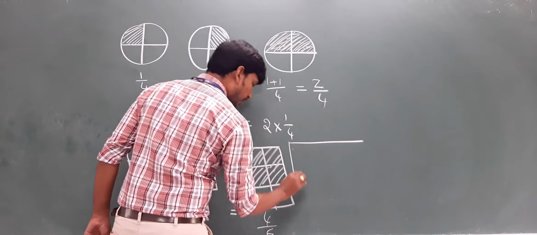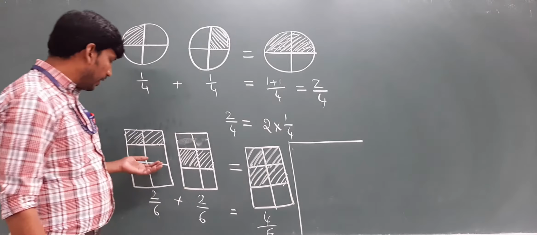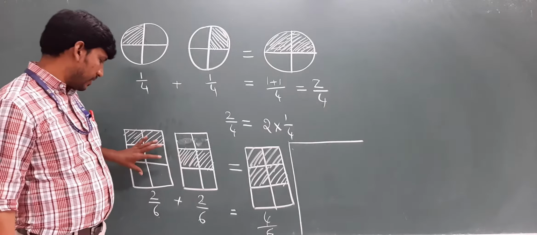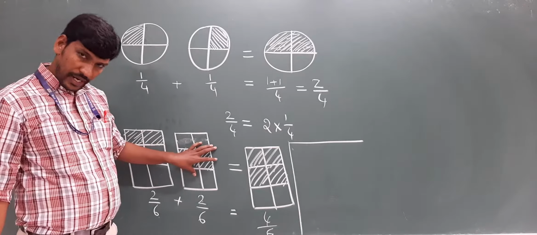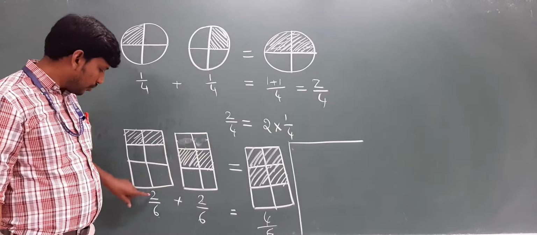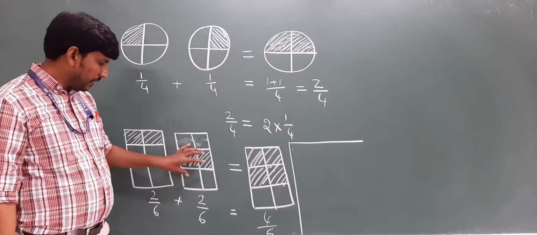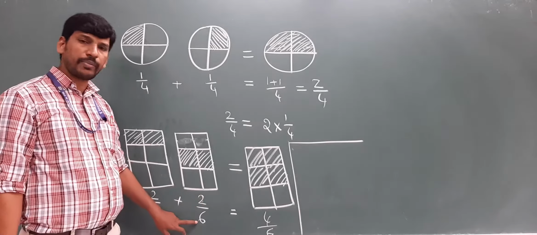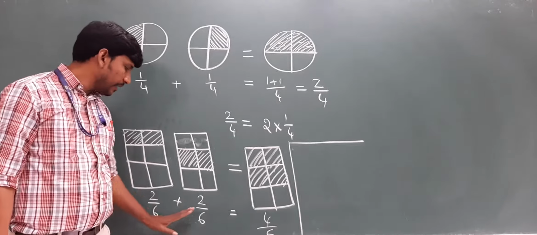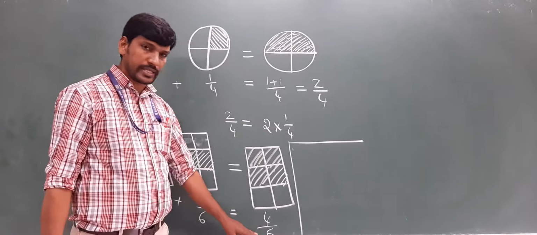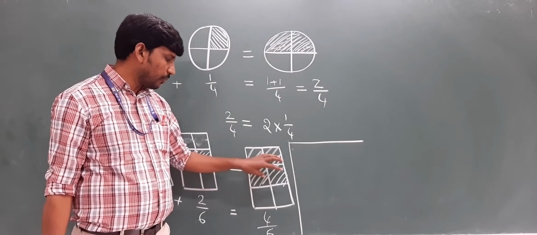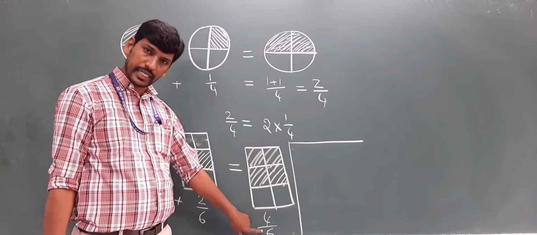See, observe clearly. How many parts are there here? This is one rectangle, this is one rectangle. In this, 2 by 6 parts are shaded, and in this rectangle also 2 by 6 parts are shaded. By adding these two I got 4 by 6, which means 1, 2, 3, 4 parts are shaded out of 6.